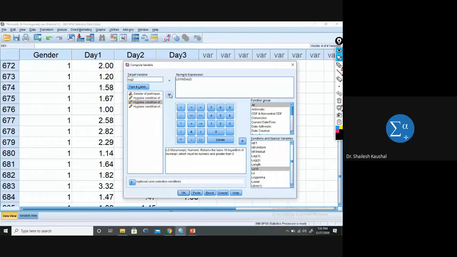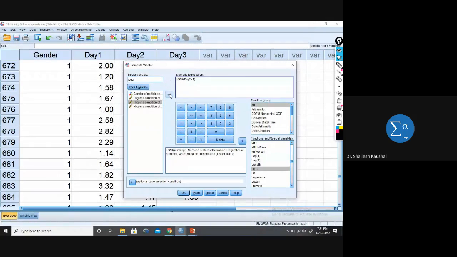I am writing here +1. Why did I write +1 here? Because my options were 0 to 4, between 0 and 4. If someone gave the value 0, then what would be the value of log 0? Infinite.